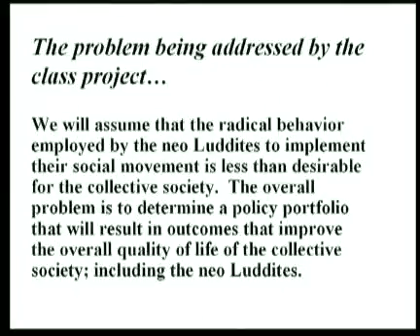The overall problem that we have is to determine a policy portfolio that will result in outcomes that improve the overall quality of life of the collective society, including the Neo-Luddites. So that's about as far as I can take you down the path of clarification, elaboration, definition of the problem statement. So I want you to use your own creative abilities beyond this. If you want to refine that more, fine, tell me what it is, but let's just leave it at that for now.